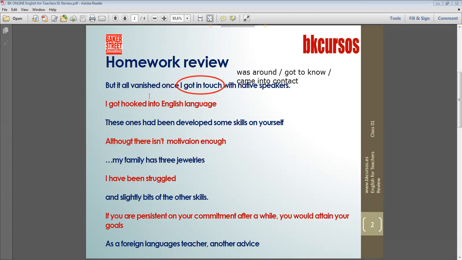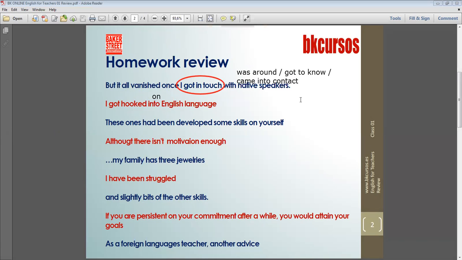Not hooked to, hooked. Okay, if we said that I drink lots of tea, every week, every day, all day, so I'm hooked, I'm addicted, I'm hooked on, okay? I got hooked on the English language, all right? Not exactly the same, but grammatically, using hooked, it would be I got hooked on the English language, all right?